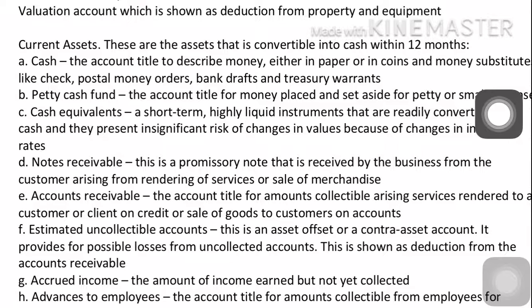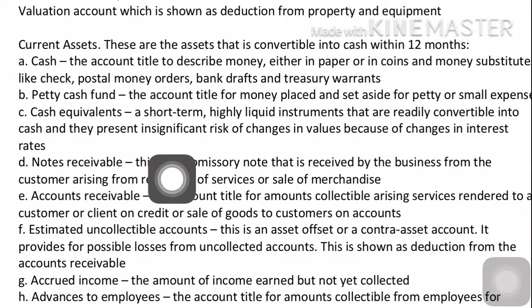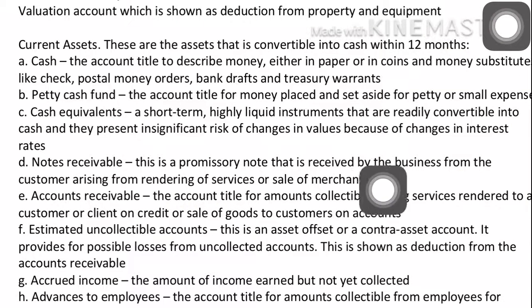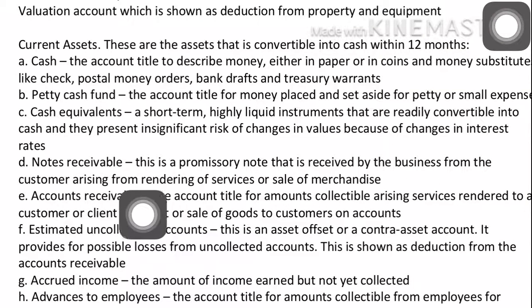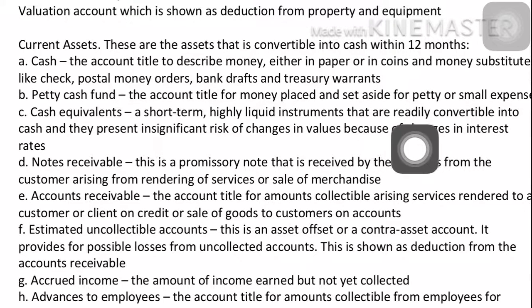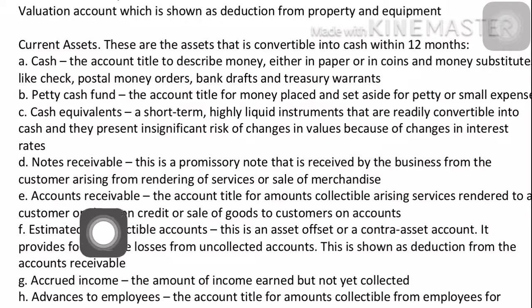So, ang notes receivable is a promissory note that is received by the business from the customer arising from rendering of services or sale of merchandise. So, this is a promissory note that the business received from the customer kung nag-utang sila sa mga products, something like that. So, next is the accounts receivable.